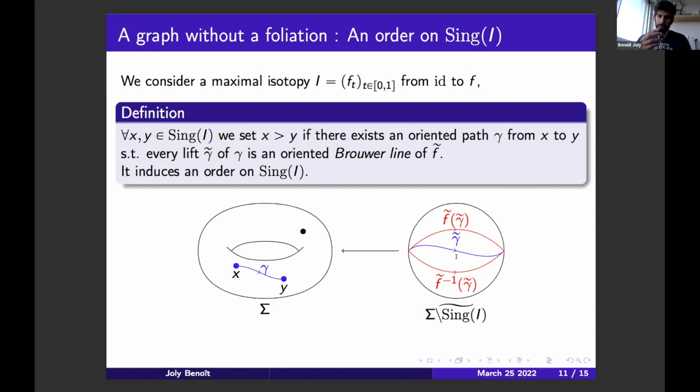For this maximal isotopy, with Le Calvez's theorem, I can consider a positively transverse foliation, and every leaf of such a foliation lifts into a Brouwer line. So in some sense it generalizes the idea of the foliation, because now I can consider local leaves, and I don't need a full foliation defined everywhere on the surface.